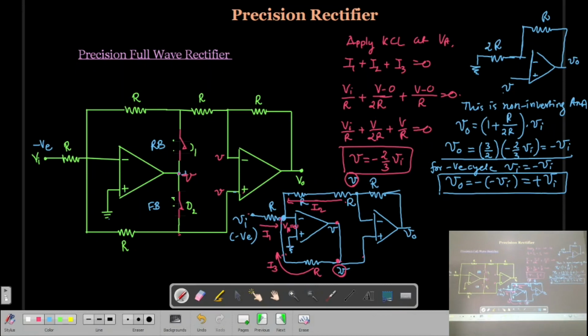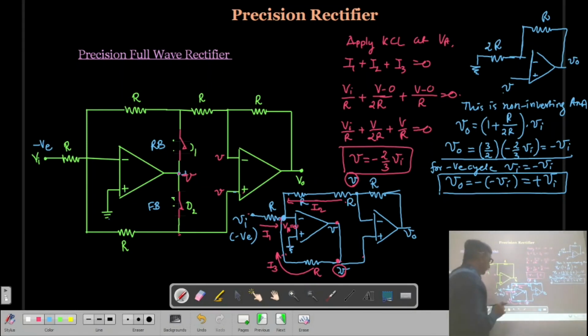So here if we apply a negative cycle, then also you are getting a positive rectified output signal. So in this way, you have to do this kind of analysis and try to understand what kind of output will be present.